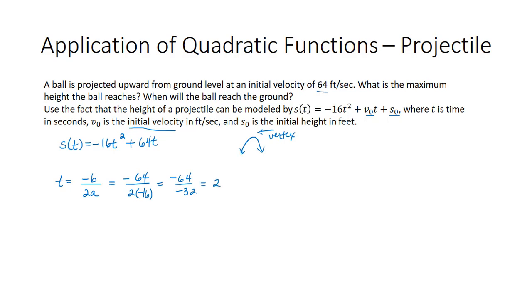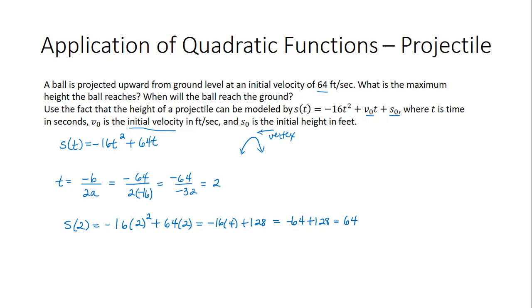Now 2 represents the seconds. To find the actual height, we need to substitute 2 into our function. So s of 2 is equal to negative 16 times 2 squared plus 64 times 2. Simplifying, exponents first, this is negative 16 times 4 plus 128, or negative 64 plus 128, which adds to 64.